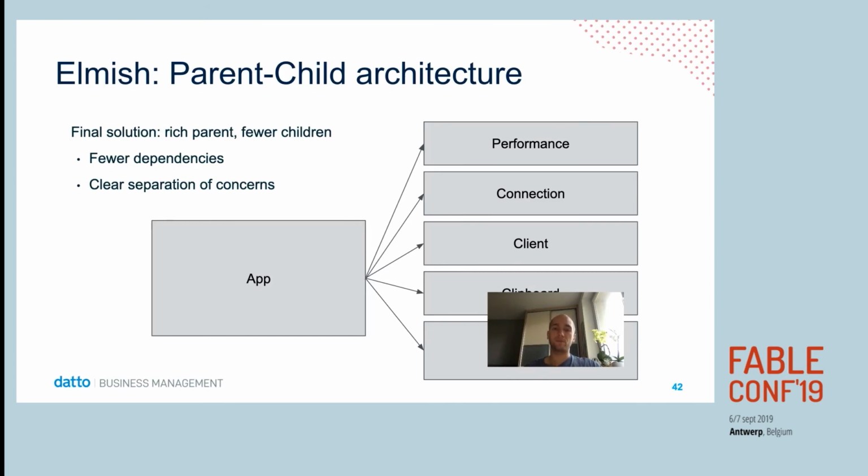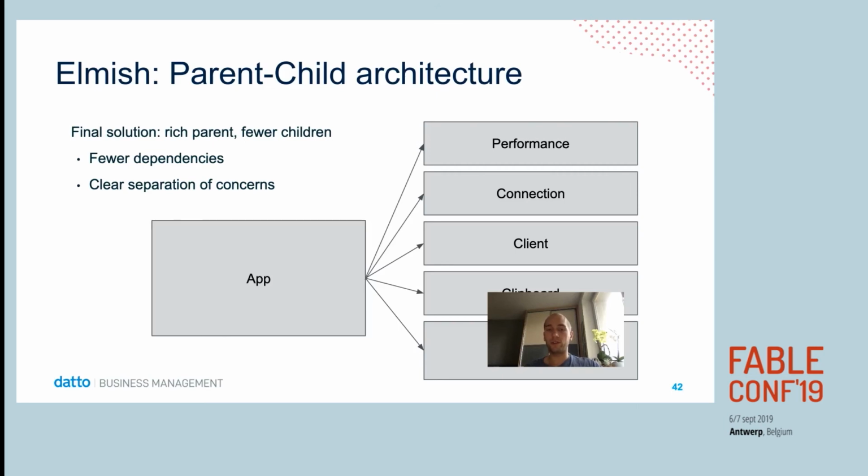The drawback here is that the parent component, the app component, is a bit bigger right now, but it's still maintainable. But the advantage is that I have fewer dependencies for the messages, and the separation is pretty clear. And now I'll only extract another component if it really makes sense and it doesn't lead to multiplying the dependencies.